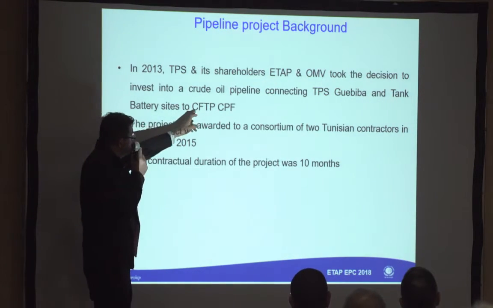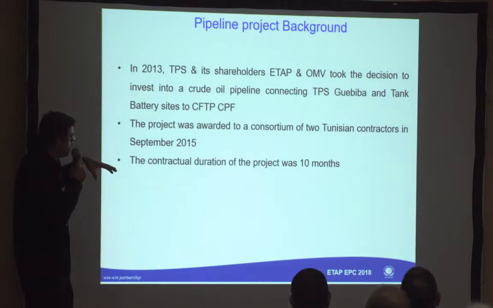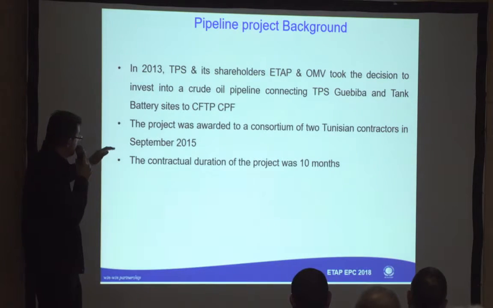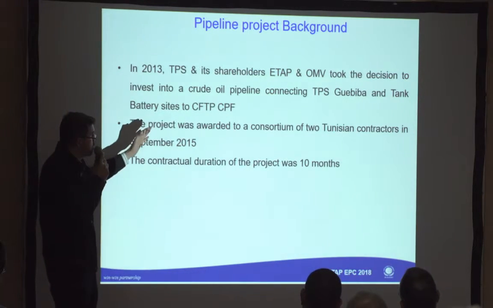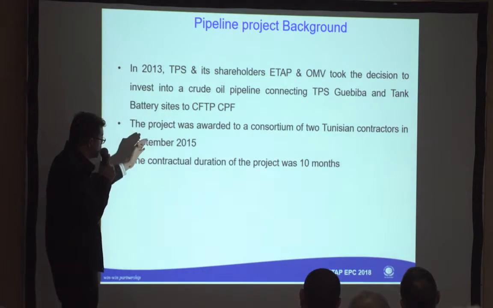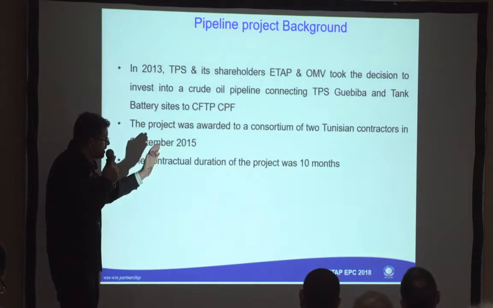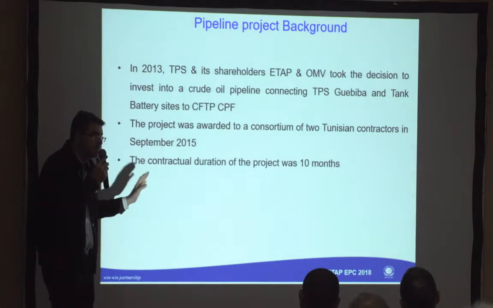CFTP is a company from Tunisian Petrol. This company owns an old pipeline which is connecting the CFTP CPF to Trapsa. The pipeline project of TPS was awarded to a consortium of 2 Tunisian contractors in September 2015. The contractual duration was initially 10 months. So this project was initially planned to be completed after 10 months.